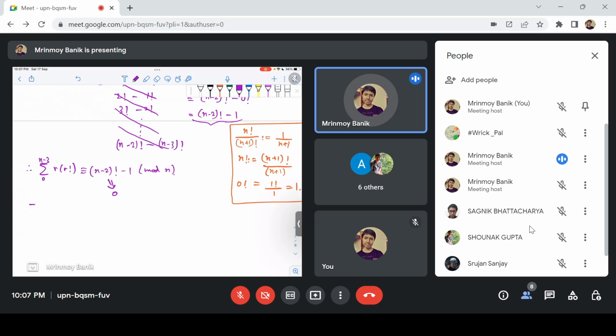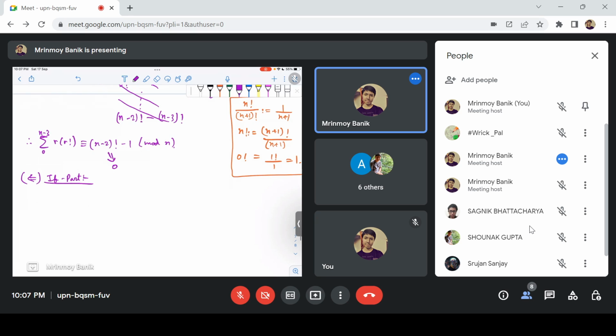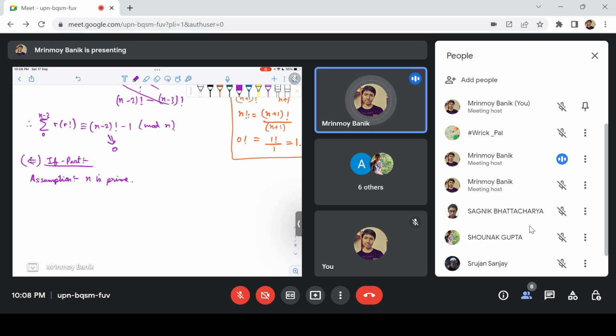So let's see this side. The if part: the assumption here is n is prime. So n is prime, and we can apply Wilson's theorem.